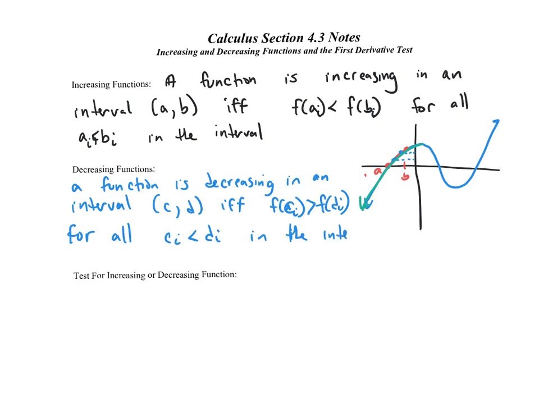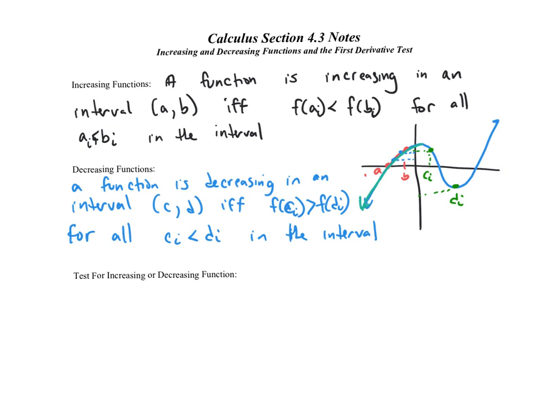As long as the y values are going down, so the one on the left is bigger than the one on the right, then we say it's decreasing. If we look at our graph here, it's decreasing from here to here for sure. If this is our C sub I and this is our D sub I, you can see that the functional value is bigger on the left one and not the right one. That's what makes it go down.